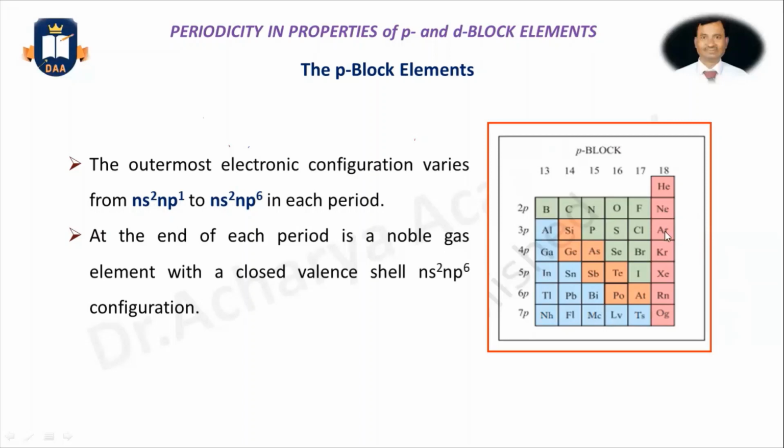These are all group number 18, these all are the noble gases. And it has a closed valence shell because every orbital is occupied. That means 1 s orbital and 3 p orbitals are occupied, and its general electron configuration is ns2 np6.